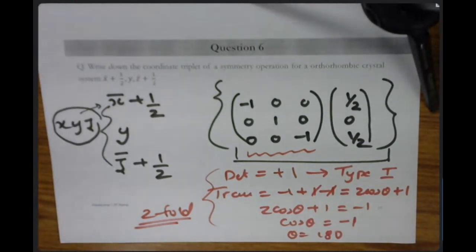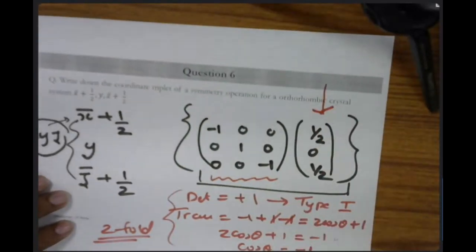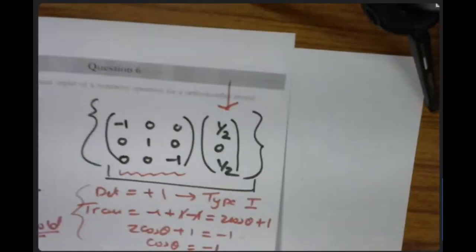So we got to know that this is a two-fold, but what is the position of this particular two-fold? Or whether it's true or not. How to find that? For that we'll take help of this particular translation.